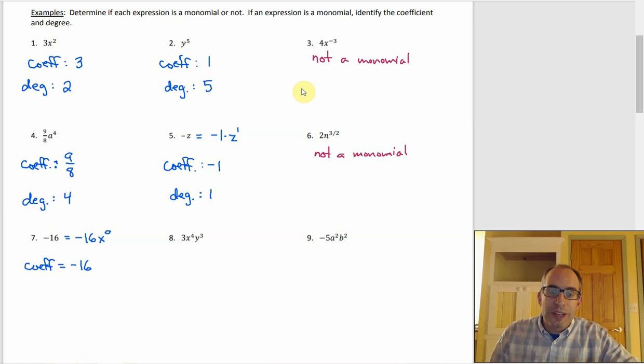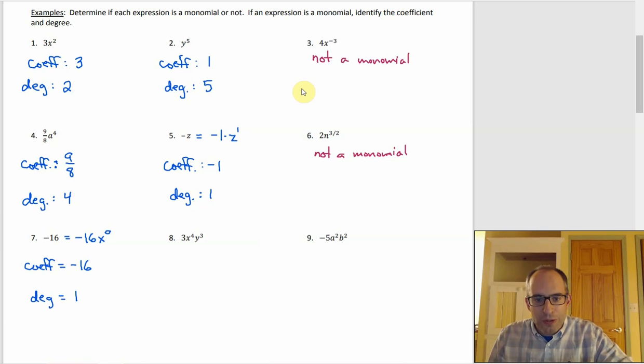So the degree is 0. Because the variable, whatever it is, is raised to the 0 power. That's why it doesn't show up. Because when you raise a variable to a 0 power, that's just going to be 1. And so you wouldn't write it as -16 times 1. You would just write it as -16. So coefficient of -16, and then degree of 0.